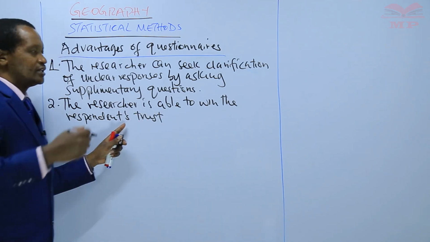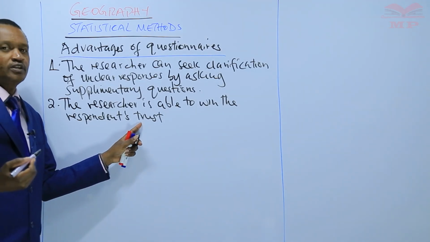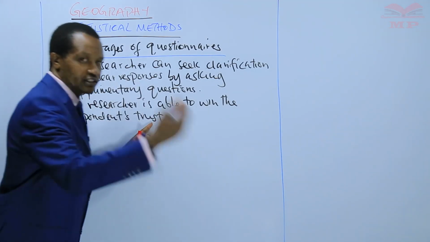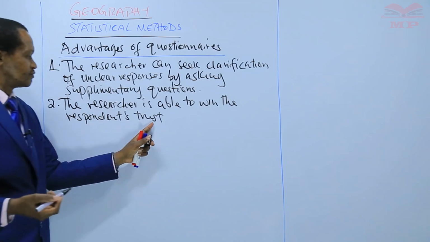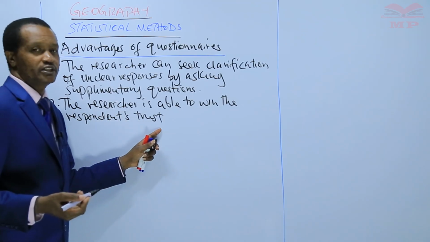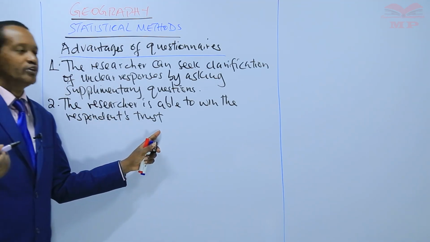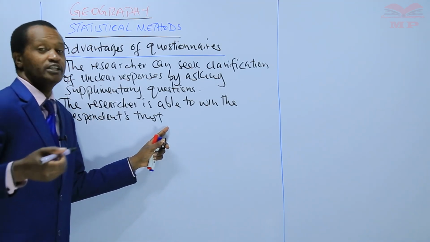Respondent is the one giving answers to the questions. The researcher is the one gathering or collecting data. So the researcher is able to win the respondent's trust. And how does the researcher do it?